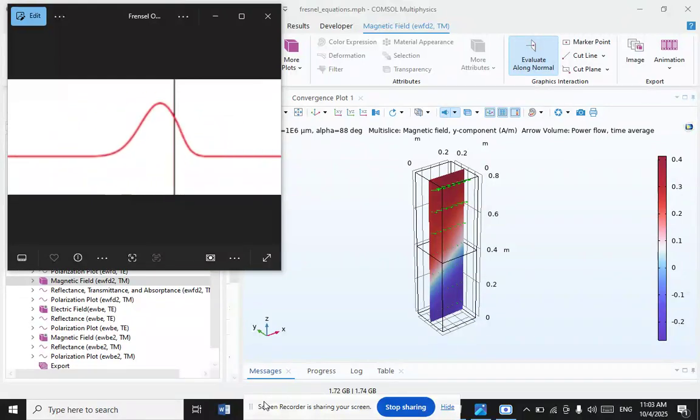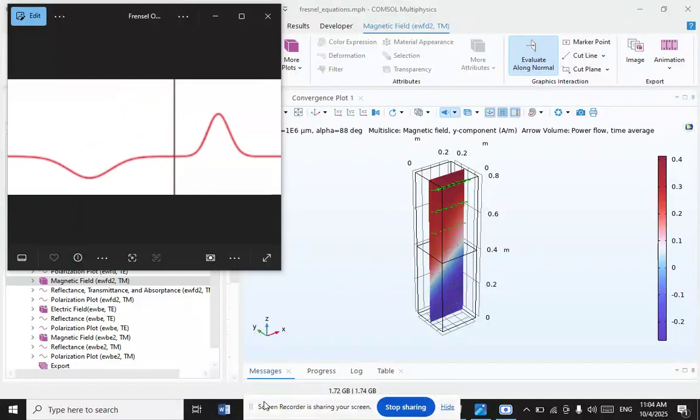The next one is angle of incidence, theta i, the angle at which the incident wave strikes the interface. The next concept is angle of refraction, theta t, the angle at which the transmitted wave travels after passing through the interface, related by Snell's law: n1 sin theta i is equal to n2 sin theta t.